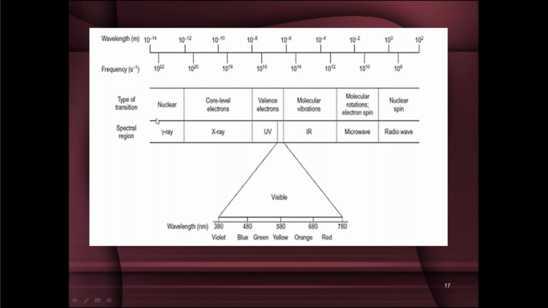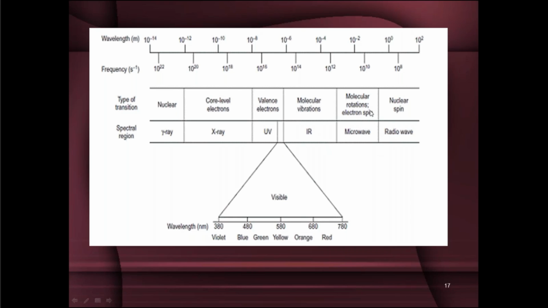Now, another thing is the type of transition involved. If you are dealing with gamma rays, then it will be nuclear transitions. If you are studying using X-rays, then core level electrons or the inner electrons are the ones which will result in transitions. And if it is UV or visible, it's the valence electrons. If it is IR, it's the molecular vibrations.